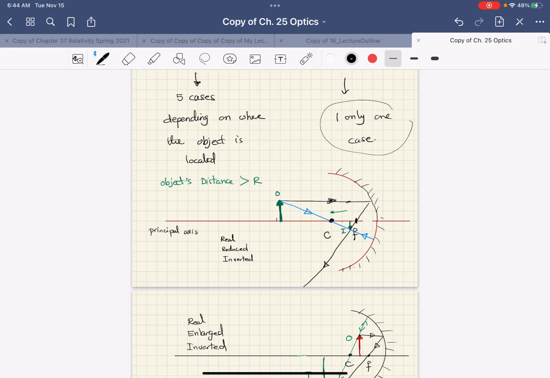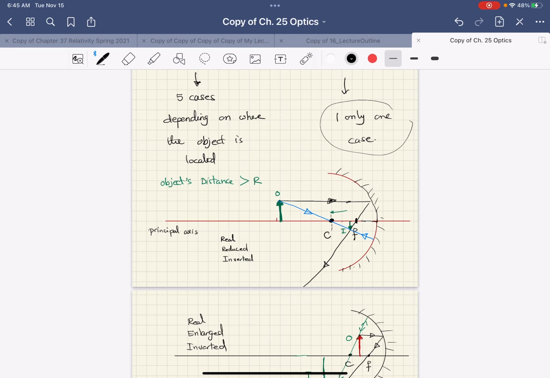Now, what does R mean? R is the radius of curvature. It is from here to here. Halfway, we're going to have the focal point of the mirror. This one is a concave mirror.